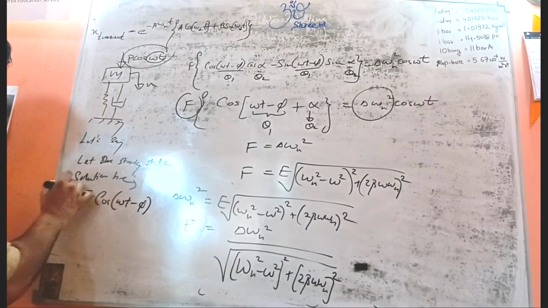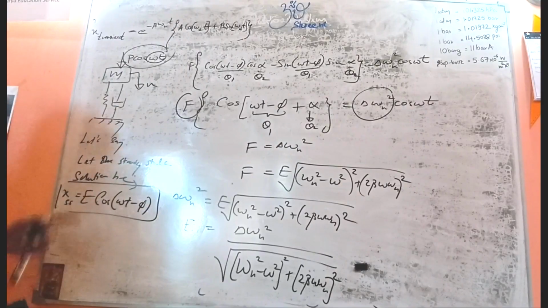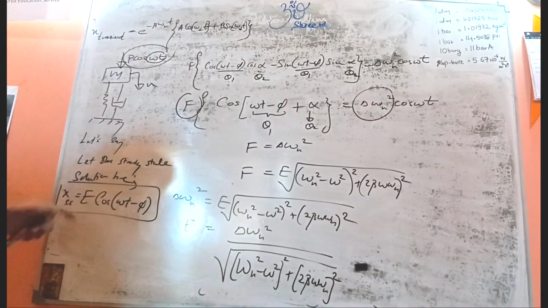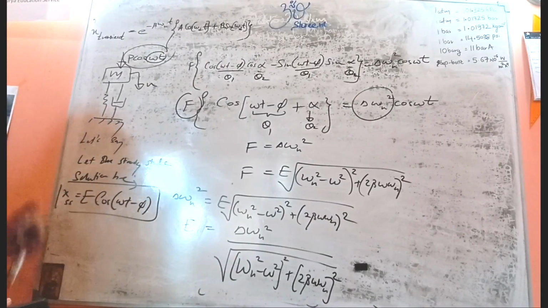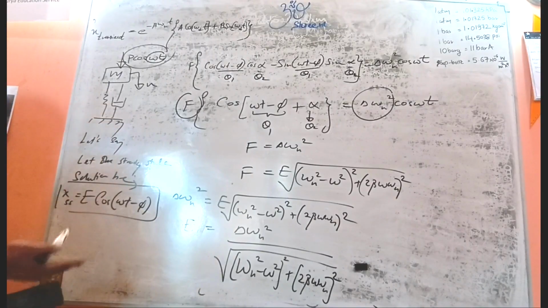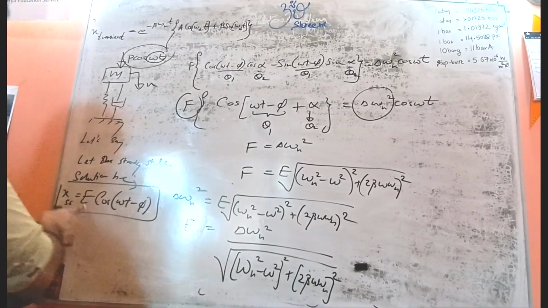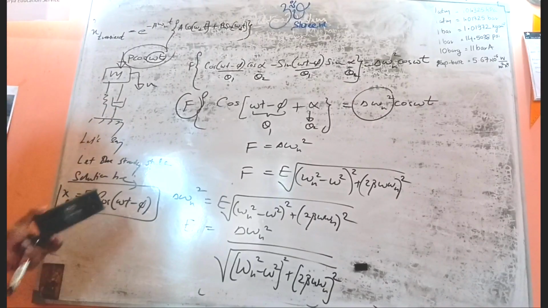We started by saying that let the steady state solution be E times cos omega t minus phi. So that is why we had to do that. So now we know what is the value of E.